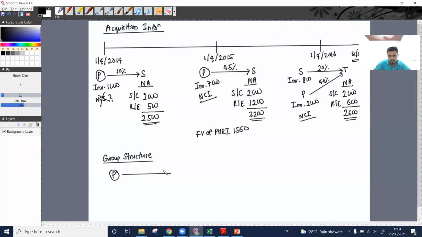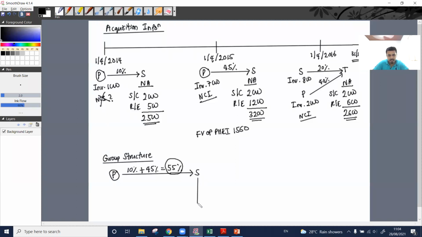They have acquired what? Initially, they have acquired 10% of S, and then on this date, they have further acquired another 45% of S. Altogether, as at 31st December 2018, they are controlling 55% of S Limited.